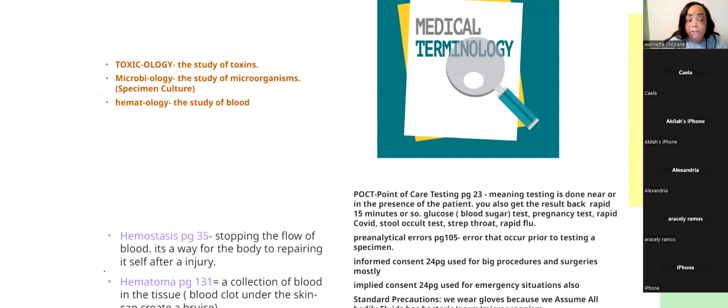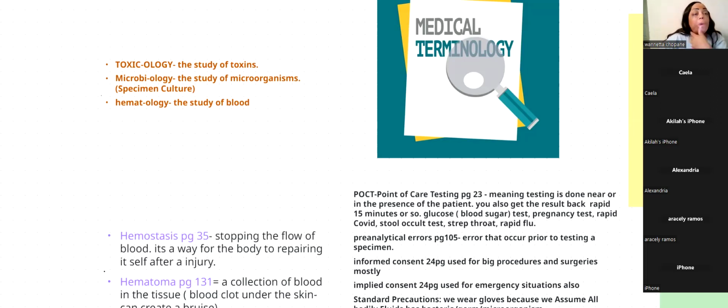Hematology, the study of blood. HEMA. Okay, hema or hemo, it means blood. So those three right there, hopefully my explanation was understandable, but those are important to know what they are.